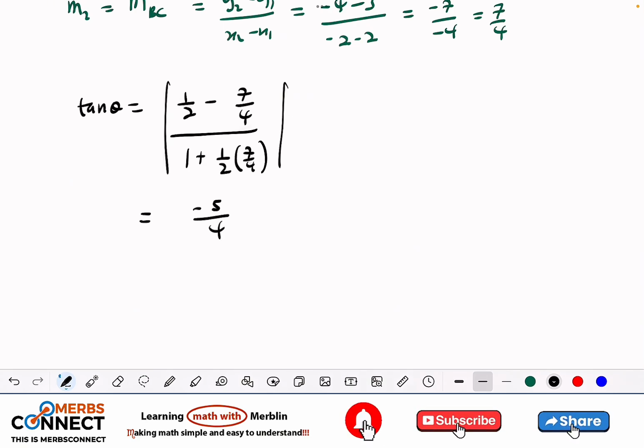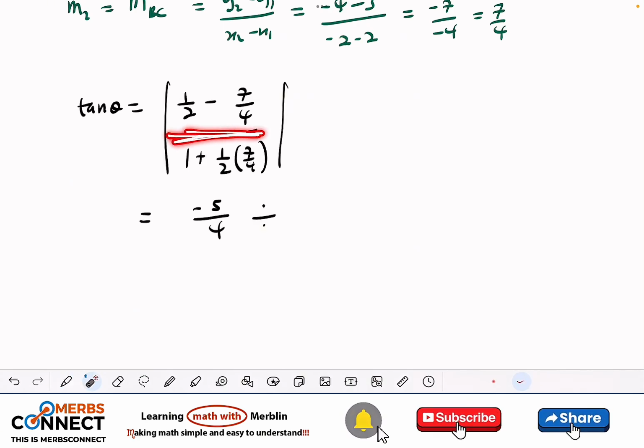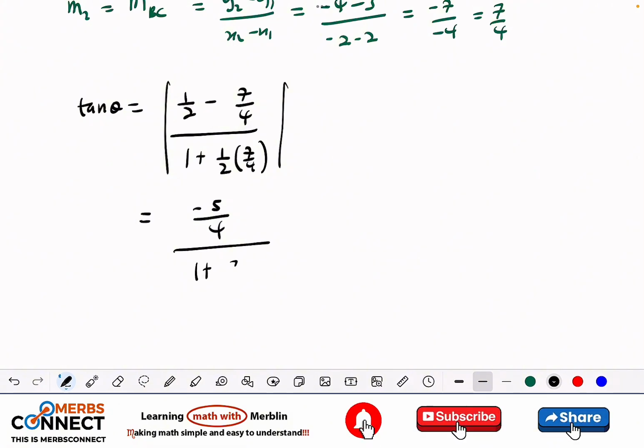Then this is divided by 1 plus, this time, 7 over 8, with absolute value. Let me simplify it.